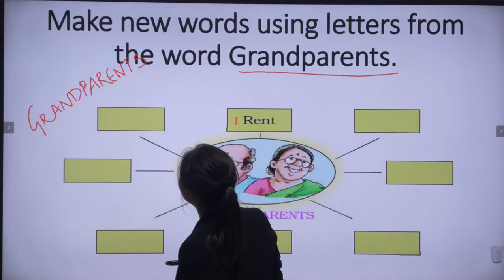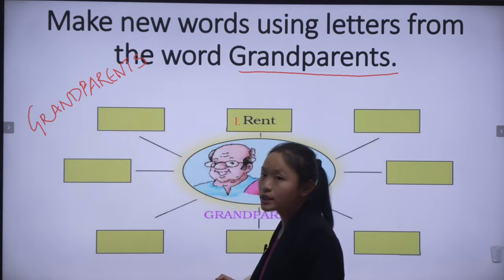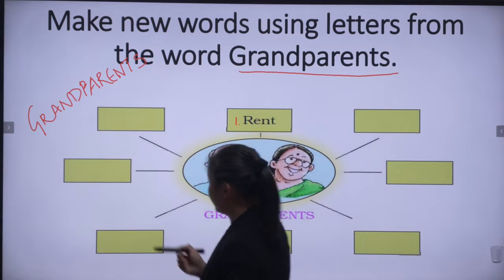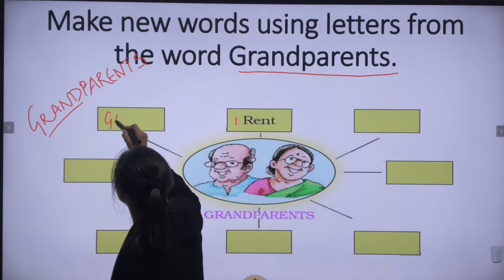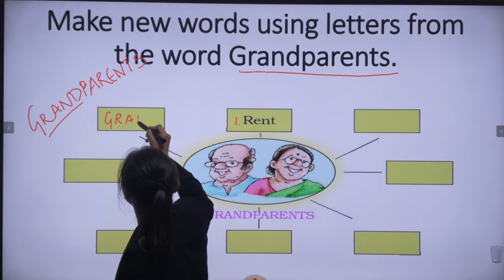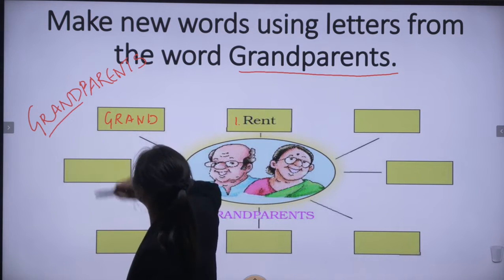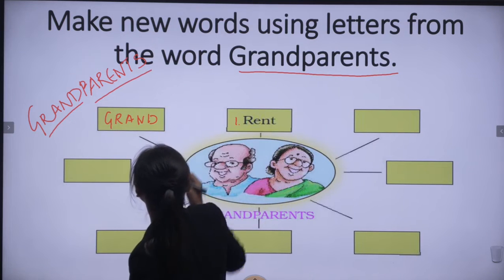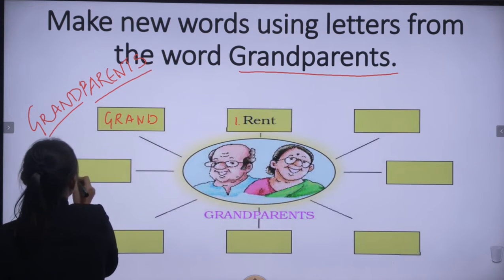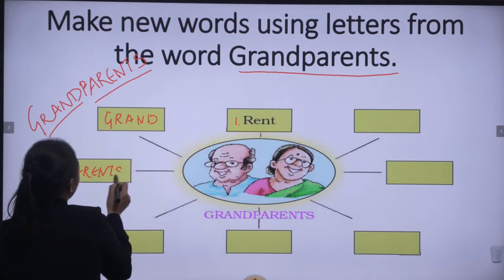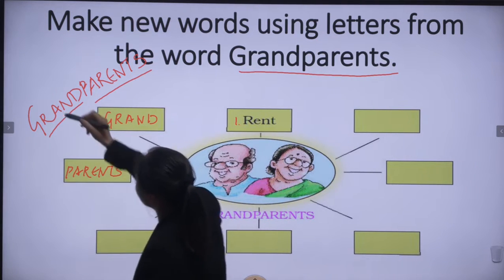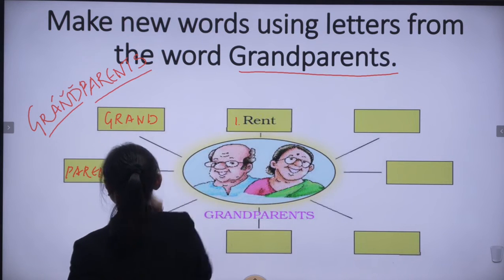And now we see what other words we can find in this word. GRAND, grant, we can write GRAND. And parents, we can write parents. And there is also AND.